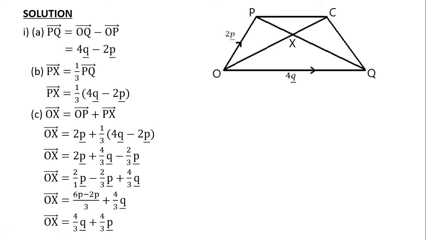So our vector OX will be equal to 4 over 3Q plus 4 over 3P, or 4 over 3P plus 4 over 3Q.